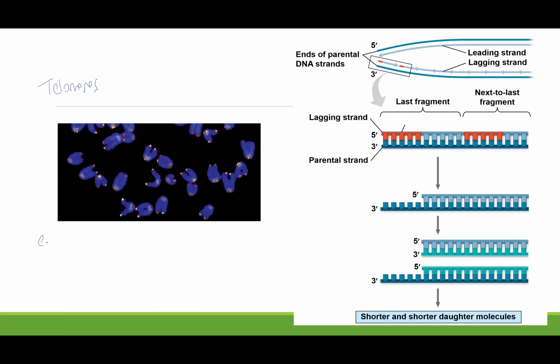So at the end of the lagging strand, there's no 3 prime area, which means that with no 3 prime group, that very last section, DNA polymerase can't come in and replicate that last section. So with each replication, that chromosome gets shorter.